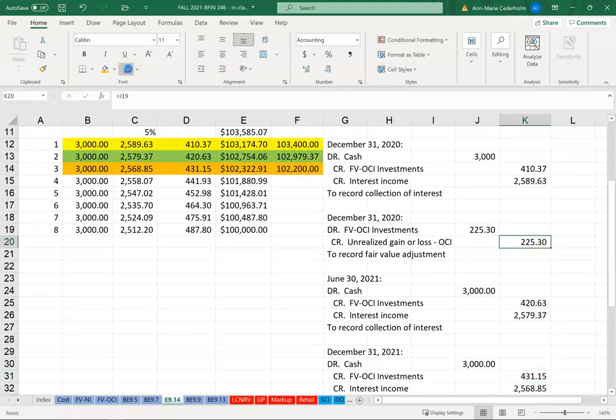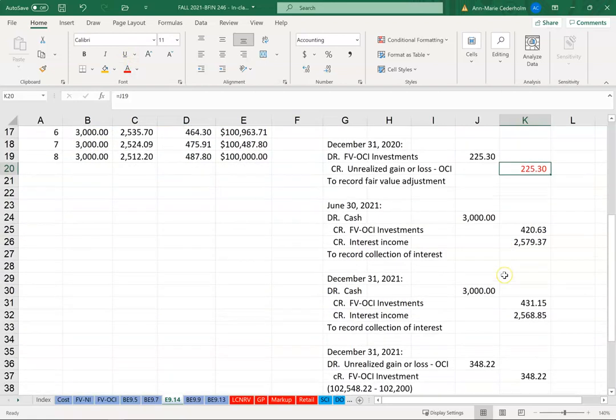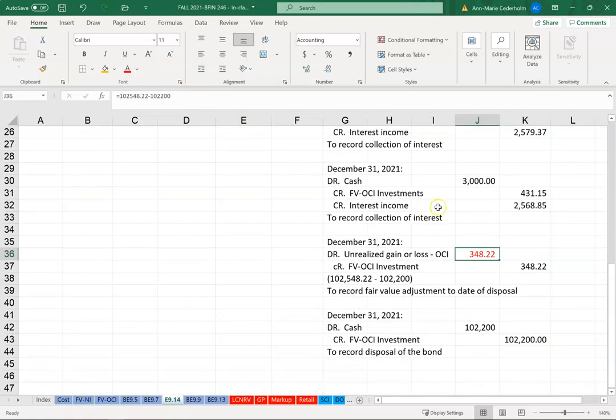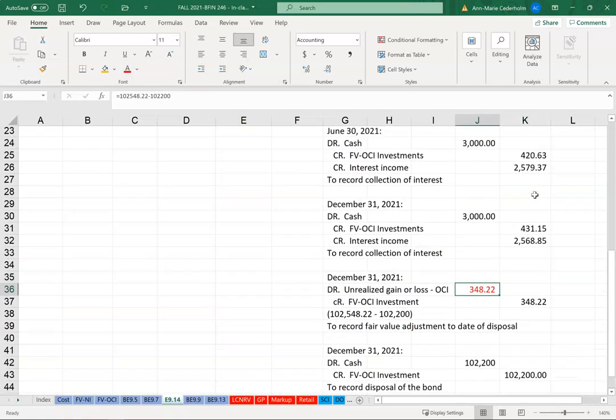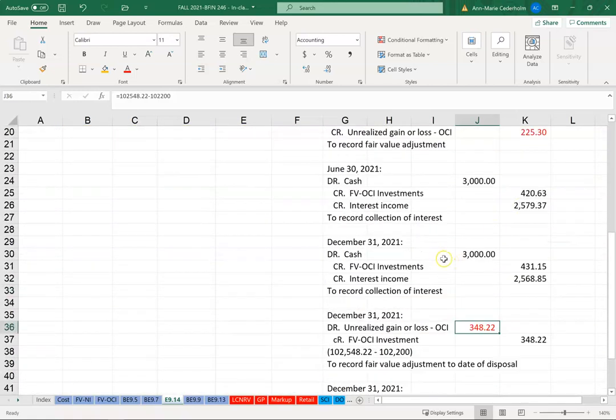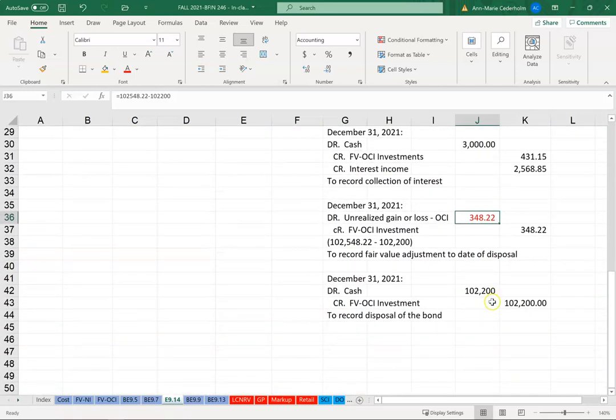This amount went into accumulated OCI. This amount went into accumulated OCI, as well as, are those the only two? 1 revalue, 2 revalue. Yeah, just 2. So I can just easily take the difference instead of opening up an OCI account.